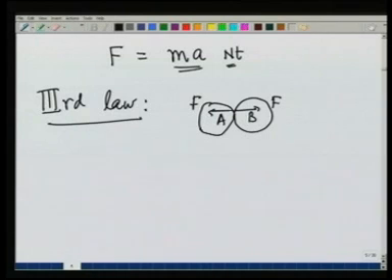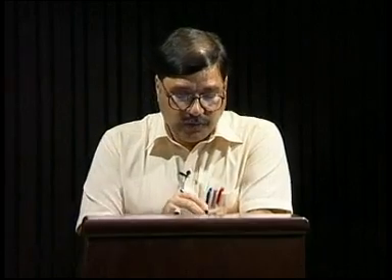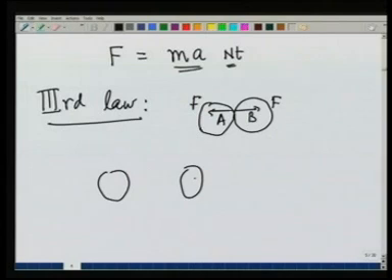A very confusing situation arises in this when most of the students ask, if the forces are in opposite directions, why don't they cancel each other? They do not, because you see A is applying a force on B, it produces something on B. On the other hand, A is being pushed by a force by B in the opposite direction. So, it is acting on a different body, therefore, they do not cancel.